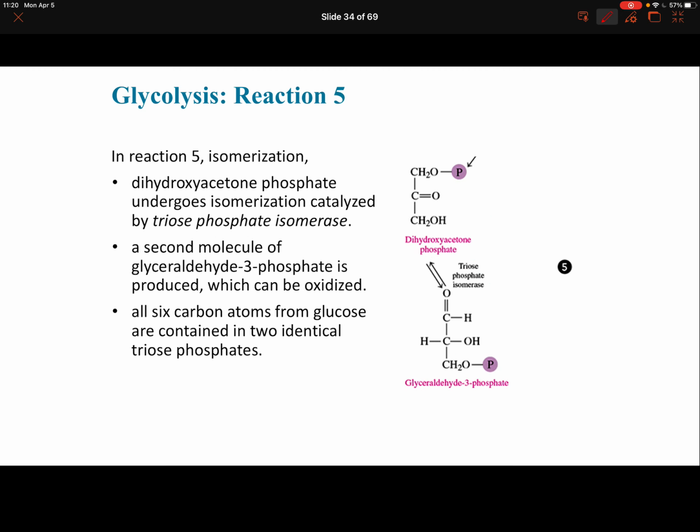So reaction 5, isomerization, the dihydroxyacetone phosphate is catalyzed by the enzyme triose phosphate isomerase. Triose meaning 3 sugars, phosphate isomerase meaning it's going to move the phosphate to make an isomer. So the second molecule of glyceraldehyde 3-phosphate then is produced. So now we have 2 of those, and all 6 carbon atoms, like it says, have been reduced into 2 identical trioses.